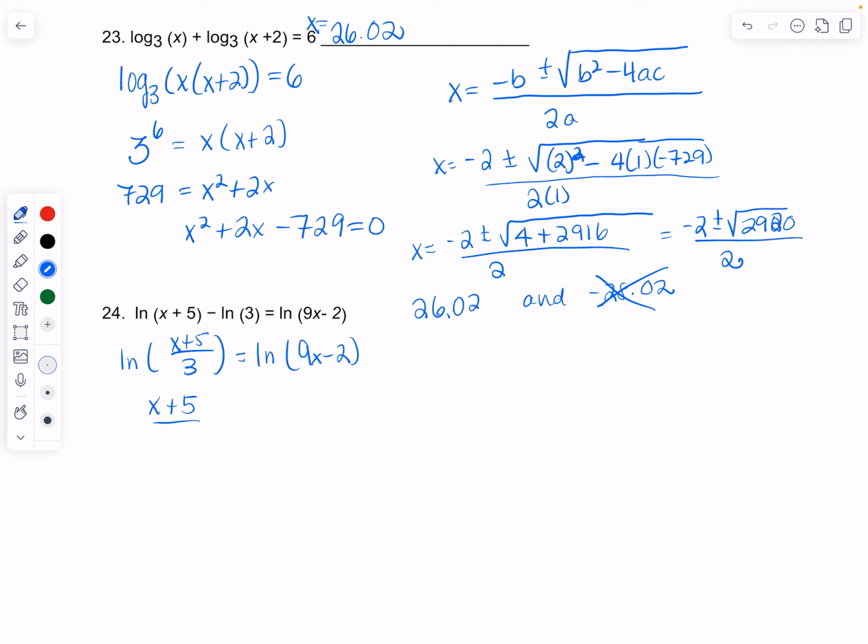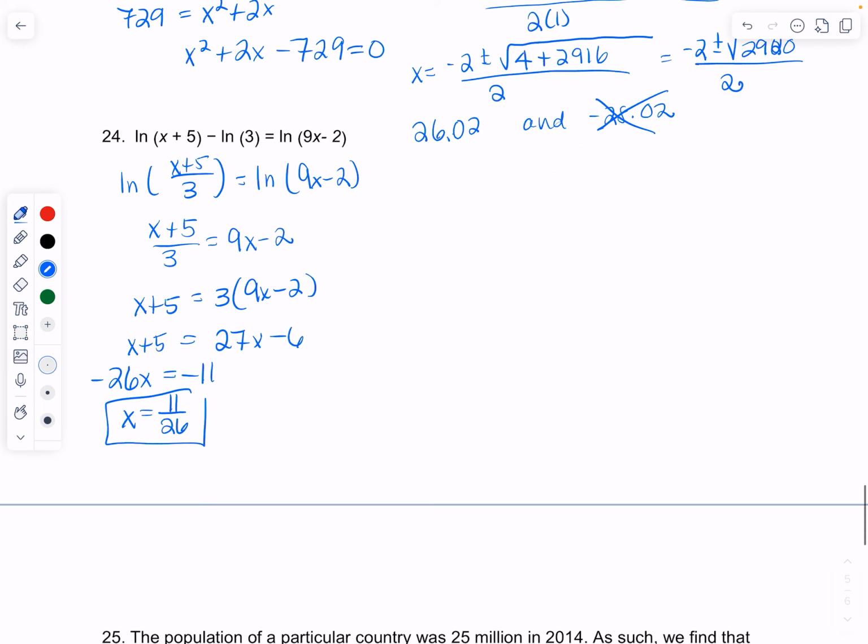So x plus 5 over 3 equals 9x minus 2. I'm going to multiply the other side by 3. So I get 27x minus 6 equals x plus 5. Moving the 27x over, I get negative 26x. I move the 5 over to the other side, I get negative 11. So x equals 11 over 26 as my answer for number 24.